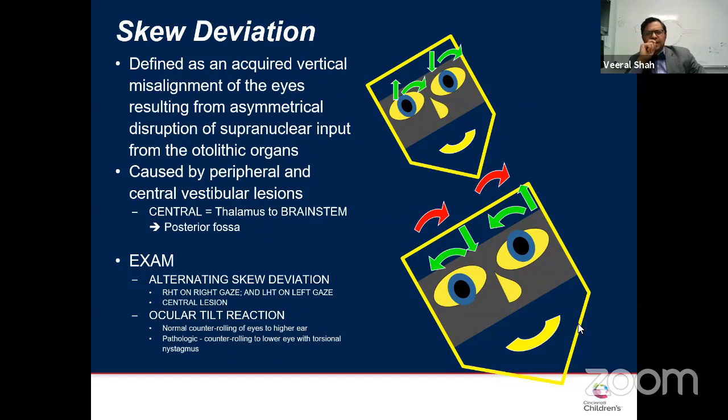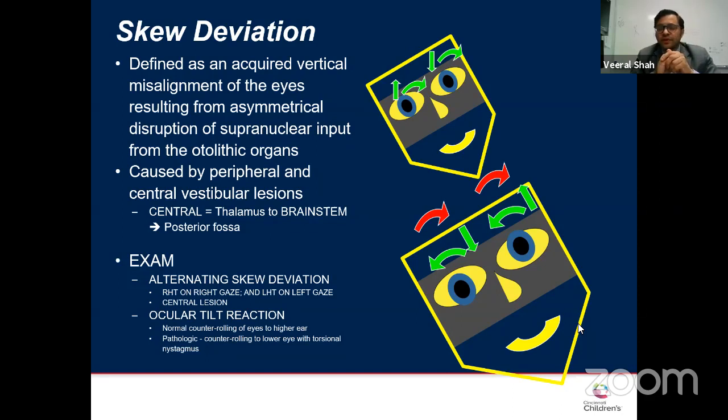So you can have lesions anywhere from the thalamus to the brainstem, but mainly it is posterior fossa in nature. In children, and in adults with posterior fossa tumors, they can have some degree of vestibular issues. They're having skew deviation, and they'll talk to you about a vertical diplopia.